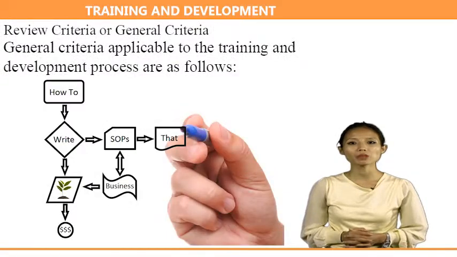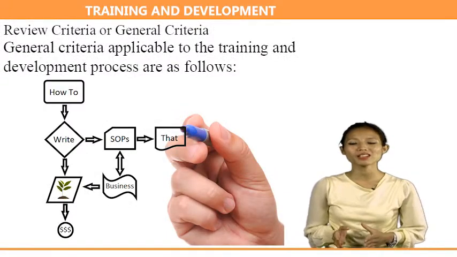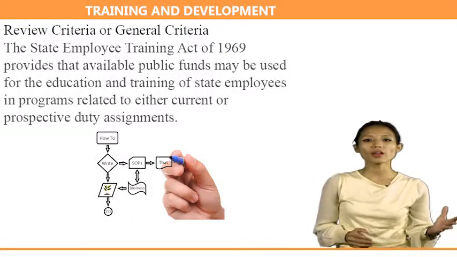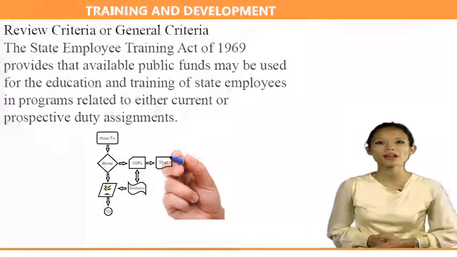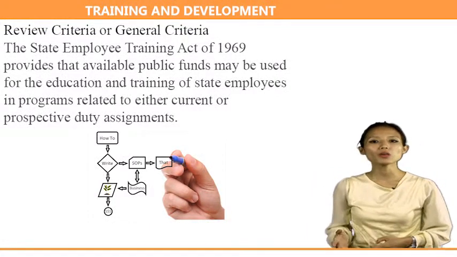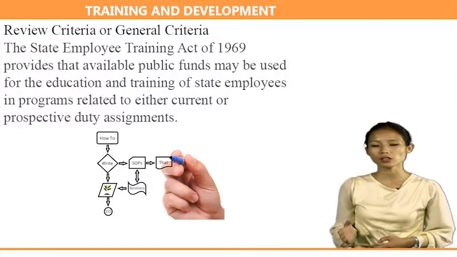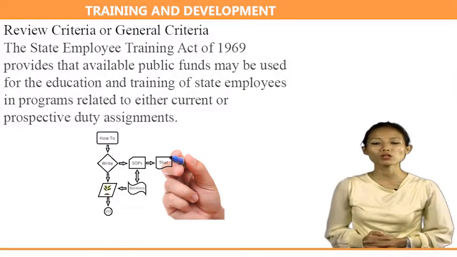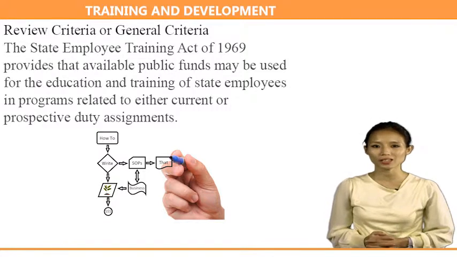General criteria applicable to the training and development process are as follows. The State Employee Training Act of 1969 provides that available public funds may be used for the education and training of state employees in programs related to either current or prospective duty assignments.